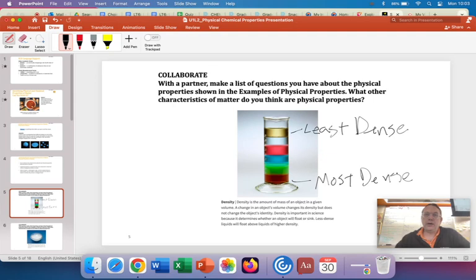What other characteristics of matter do you think are physical properties? As we look at these examples, make a list of questions that you have about the physical properties shown in these examples.